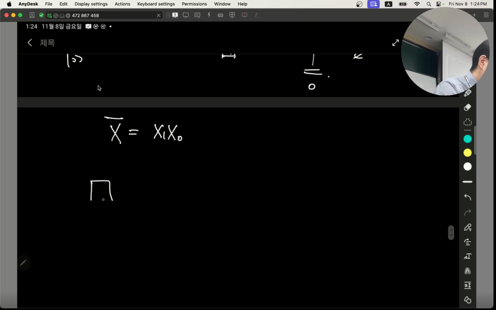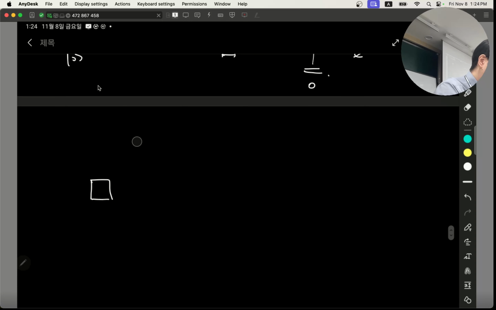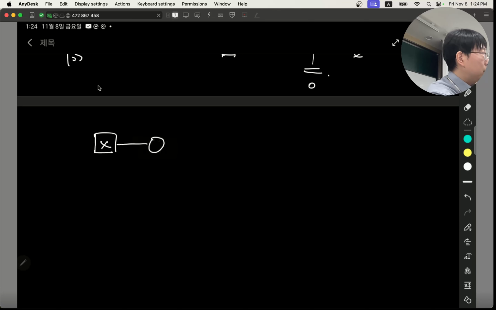Let's say we have an X stabilizer and a data qubit. I don't put any information on the data qubit because there is going to be lots of entanglement and superposition on the data qubits, but we don't care.